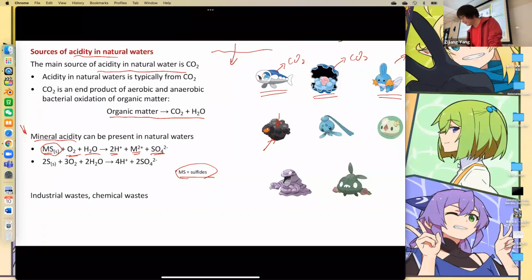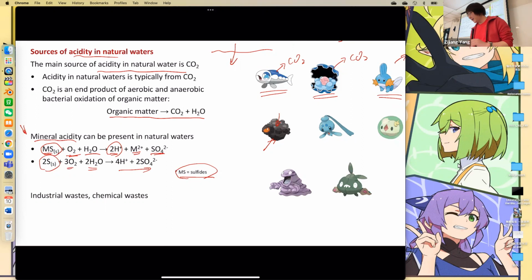In this case, we can generate H+, so we can contribute acidity to the natural water. In some cases, we may also have elemental, pure sulfur. When it is exposed to the environment with oxygen and water, it will also be oxidized into sulfuric acid, which makes the natural water become acidic.